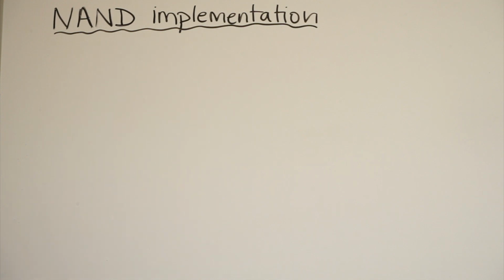Now, if you look in your booklet on page 35, you can see the equivalent NAND gate circuits for each of the different logic gates, NOT, AND, OR and NOR. And sometimes if you're looking at different books or websites, you might see the NAND equivalent of a NOT gate referred to as a NAND inverter.